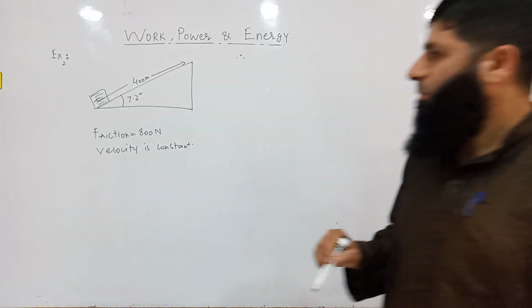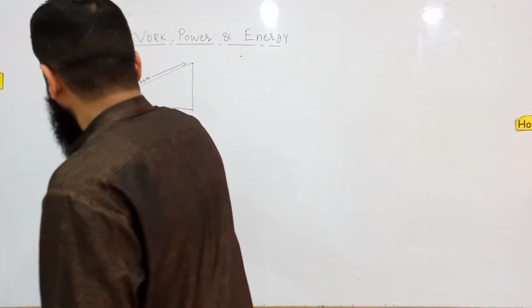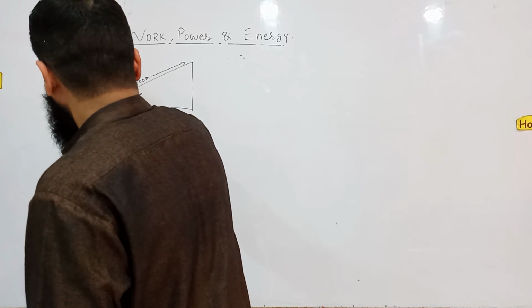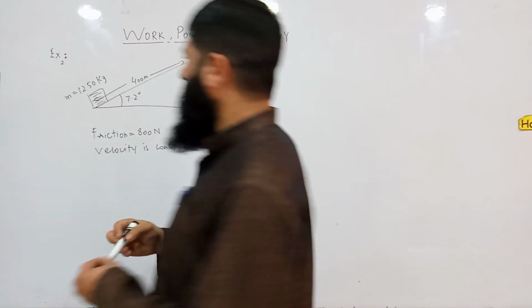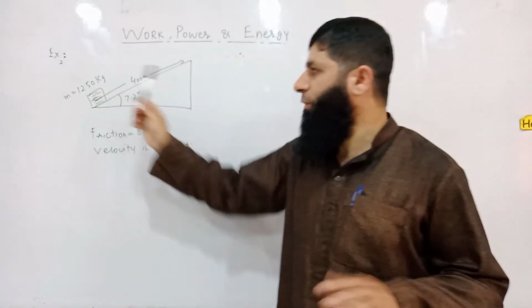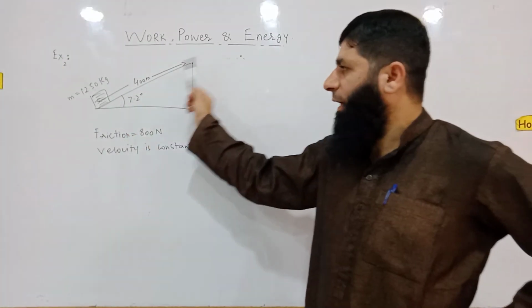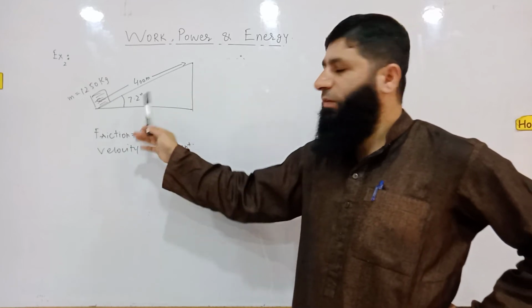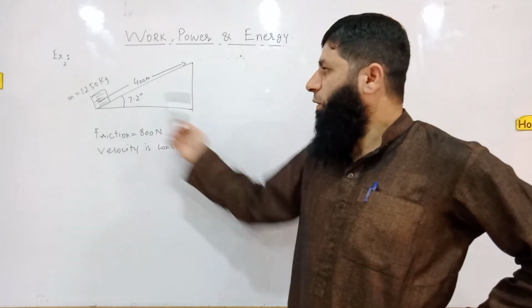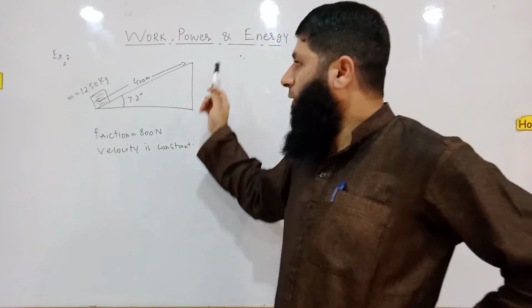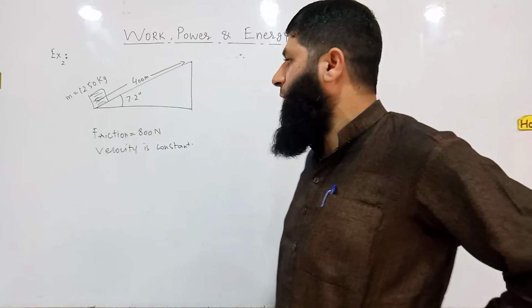Okay, let's have another example. This is a body of mass 1250 kilogram. Let's suppose the mass of this body is 1250 kilogram, and this body is moving along this inclined plane, which is inclined at angle 7.2 degrees to this horizontal surface, and the length of this inclined surface is 400 meters.